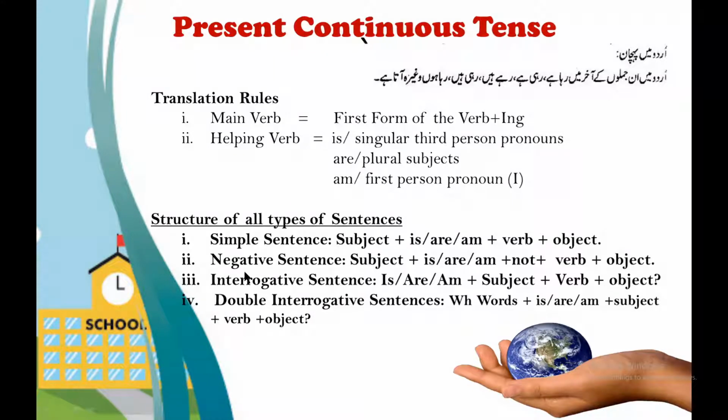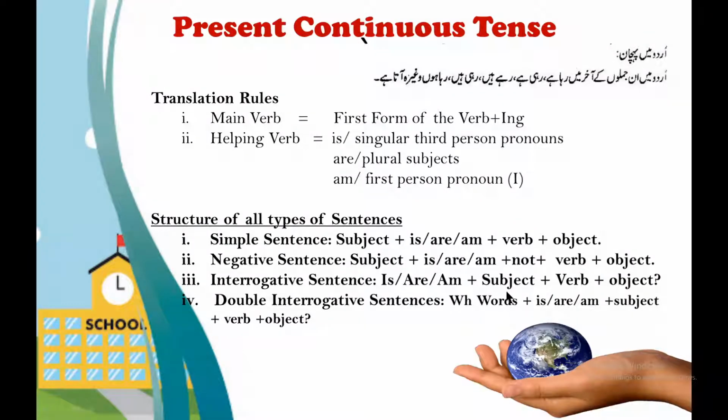If we talk about interrogative sentences, we drag these helping verbs to the initial position of the sentence, so they would become is, are, or am, and then subject. According to the subject, you have to put is, are, or am, and then verb, and then object, and at the end of the sentence you have to put the question mark. Similar is the case with WH words, or interrogative pronouns.